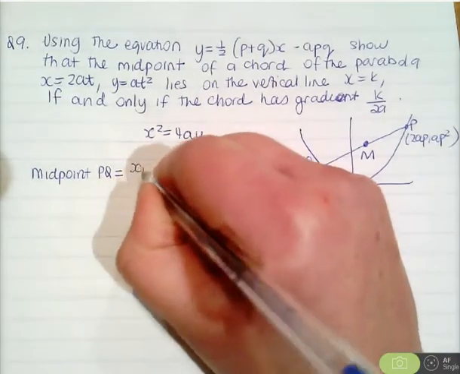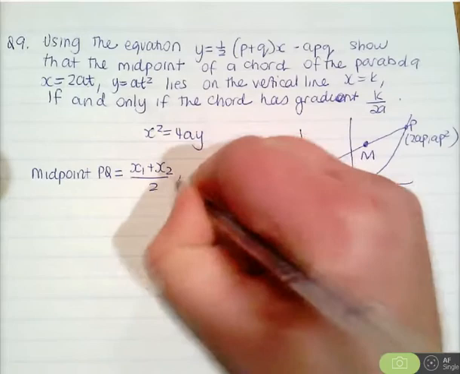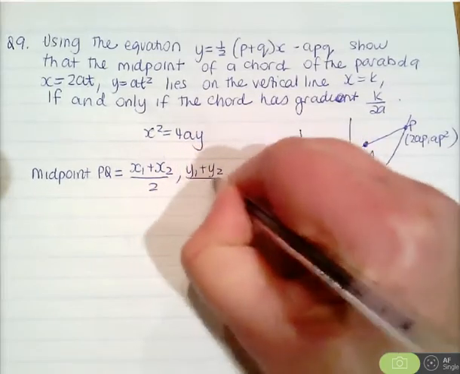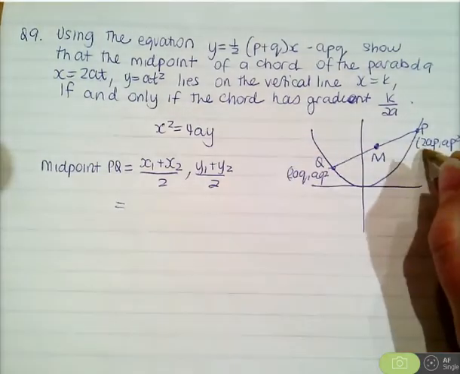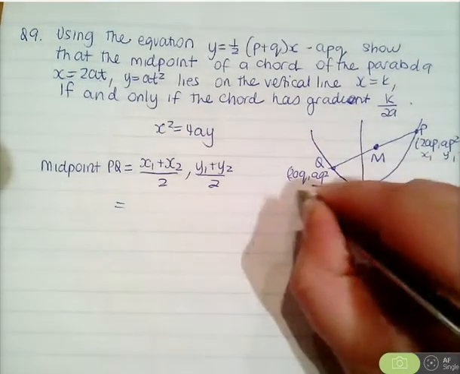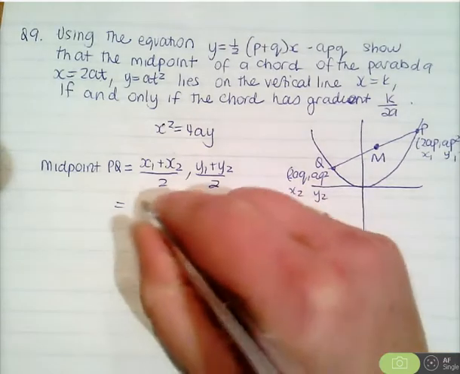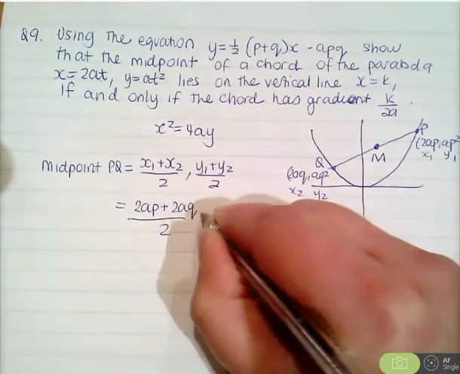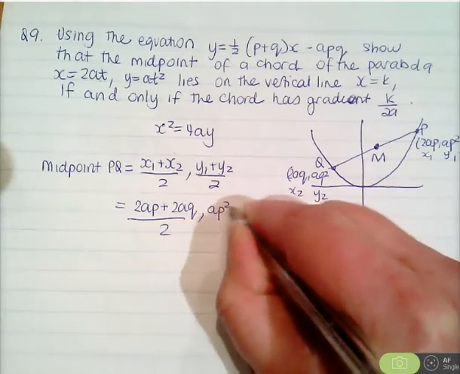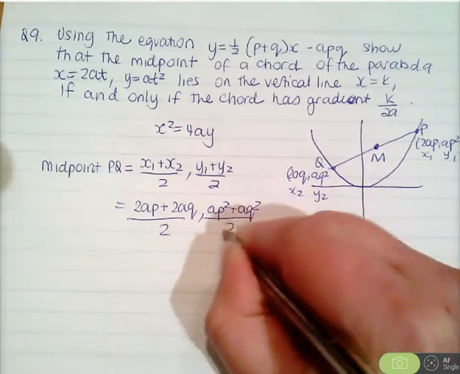So remember, midpoint is (x1 plus x2) over 2, comma, (y1 plus y2) over 2. Okay, I'm finding the midpoint. We can call this x1, y1, x2, y2. We get (2ap plus 2aq) over 2, comma, (ap squared plus aq squared) over 2.